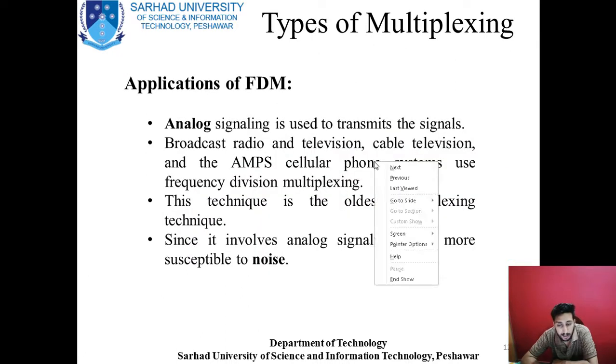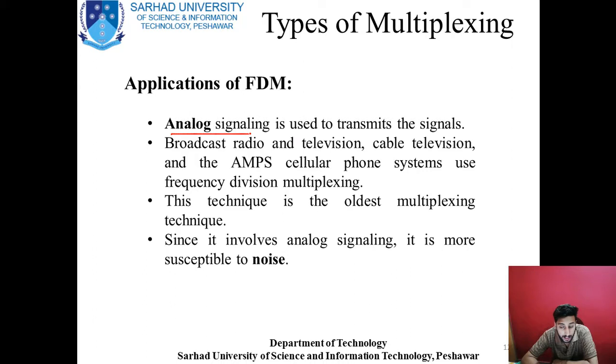Now what are the applications of FDM? You can see analog signaling, because FDM uses analog signals to transmit the signal. Mostly the earlier systems that were developed in earlier ages used FDM. The AMPS cellular phone system mostly uses FDM.